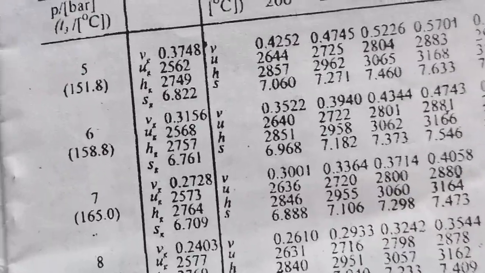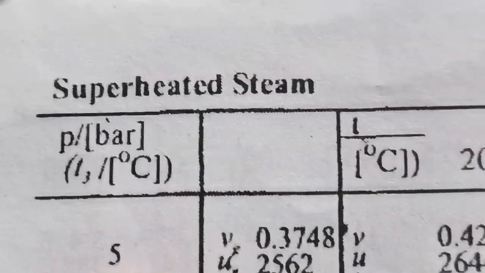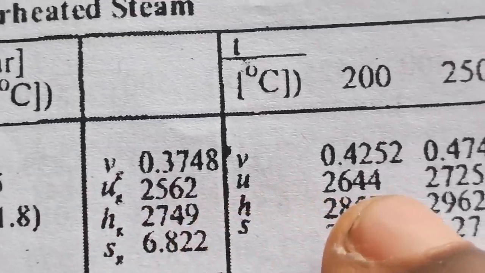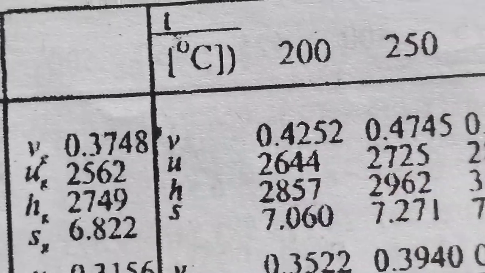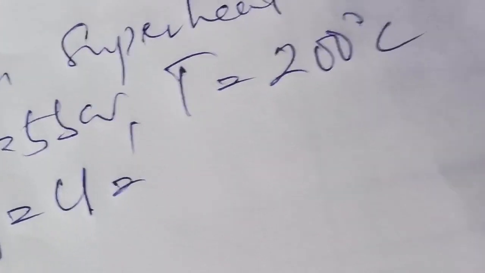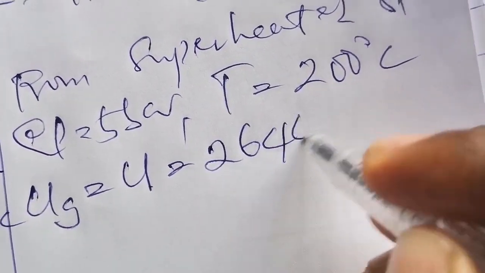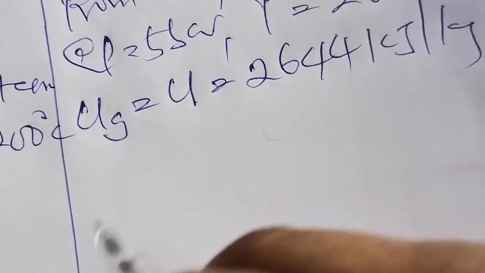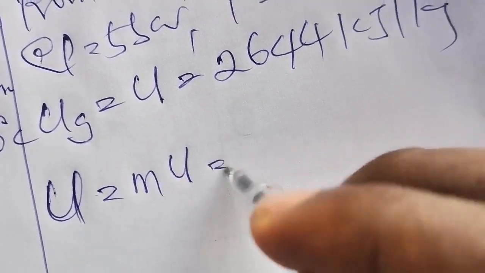As can be seen, this is 5 bar pressure, and this is U, second row under 200 degrees Celsius: 2644 kilojoules per kilogram. We convert this to total internal energy, which is mass times specific internal energy.